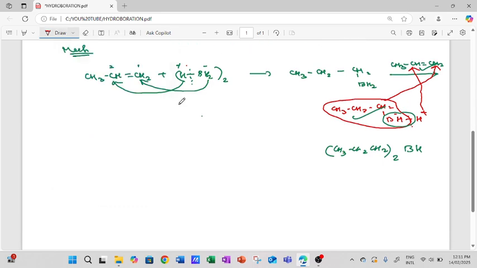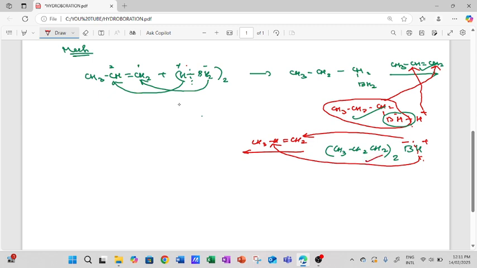Now in the third step, one more molecule, CH3, CH double bond CH2, is added. Again the process repeats. H plus is added to the carbon with fewer hydrogen atoms, so that B minus along with the CH3, CH2, CH2 twice is added here. Two propyl groups are already there, and this part changes into another CH3, CH2, CH2.